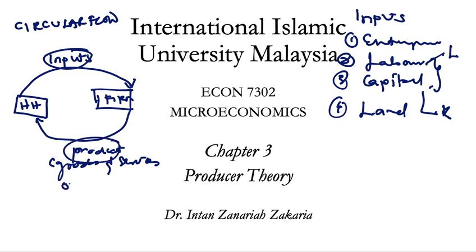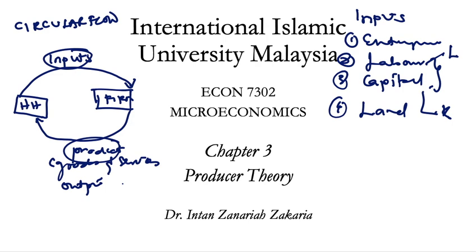Product, goods and services, output, they are the same thing. In order for firm to be able to transform inputs into output, the firm must employ a certain technology. When I say certain technology, it means a certain method in simple English.